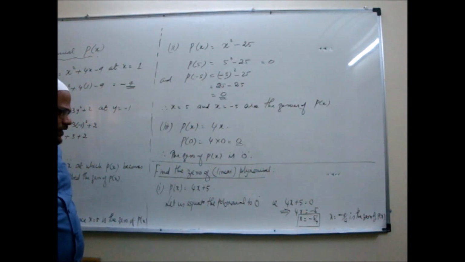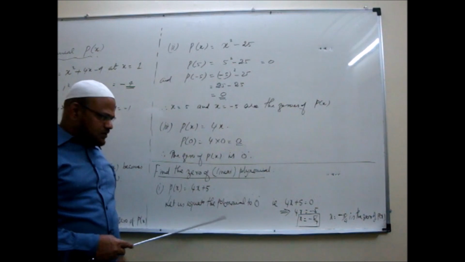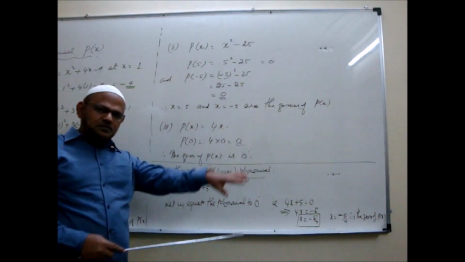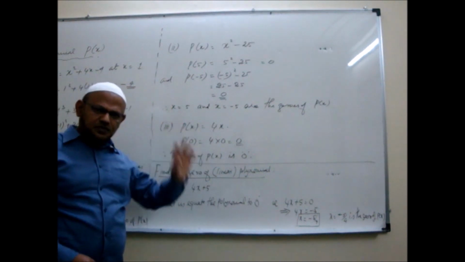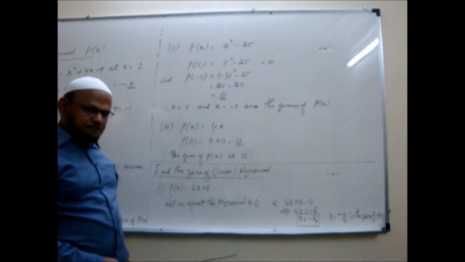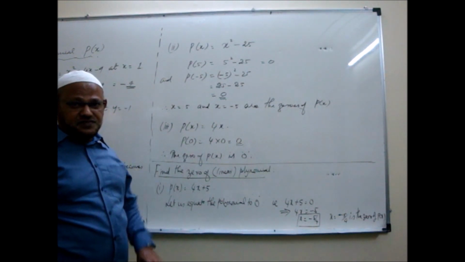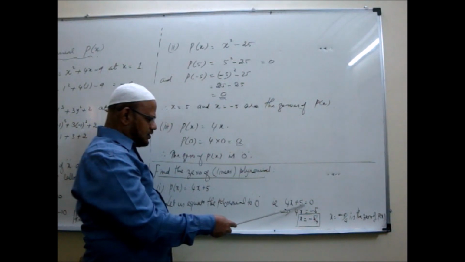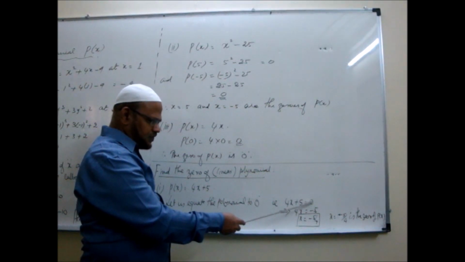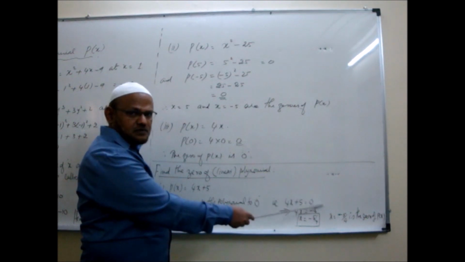So what I actually have to do is take the polynomial vanishes, means the polynomial becomes 0. Means 4x plus 5 equal to 0 you put. Then find out what might be the value of x. If I equate the polynomial to 0, then it will become a linear equation.